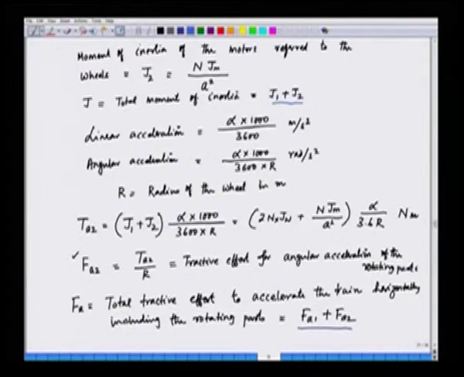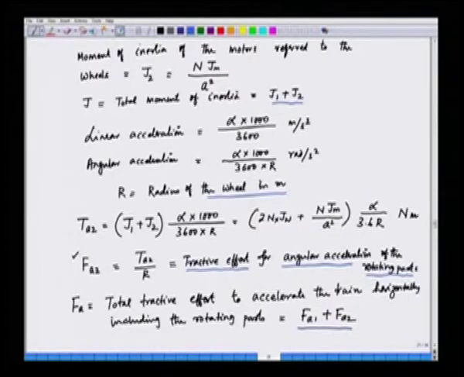R is the radius of the wheel in meter. And then we can find out the equivalent torque. The torque is the moment of inertia times angular acceleration, and then we can divide this torque by the radius of the wheel, and that gives us the tractive effort for angular acceleration of the rotating parts.